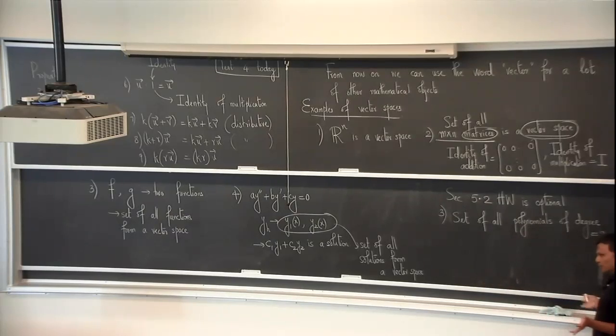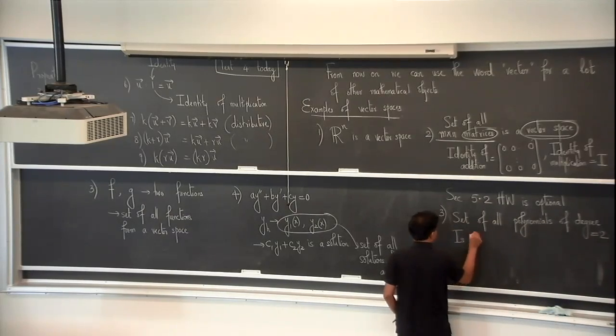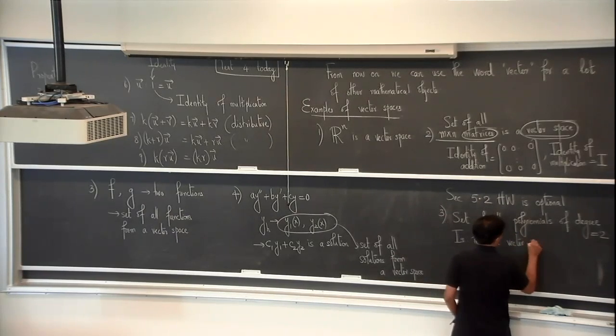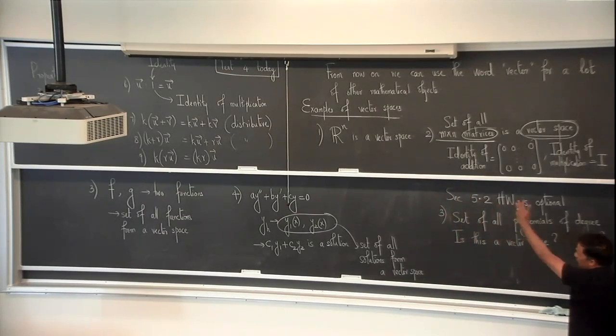You cannot sit here and write all those polynomials. It's an infinite set. Okay. Is this a vector space? Which means that all these conditions always true. I wrote the 9 conditions up there. Okay. Or does one of them fail in some freakish condition?